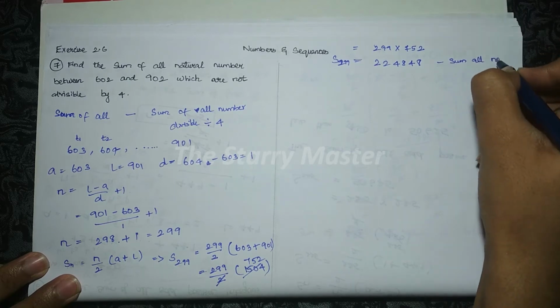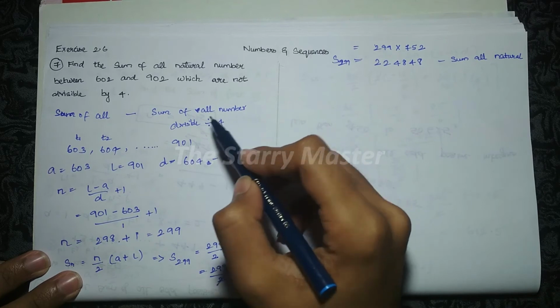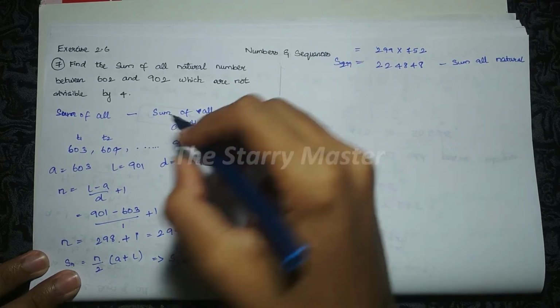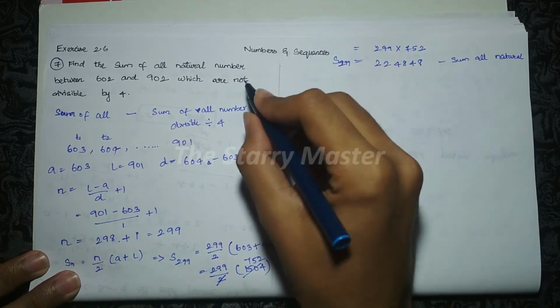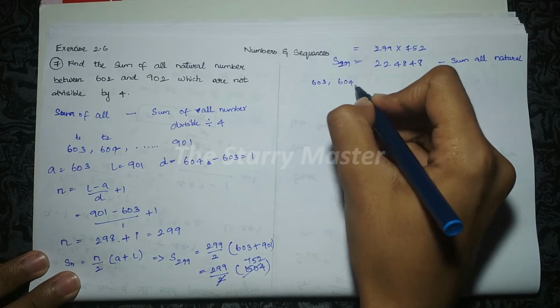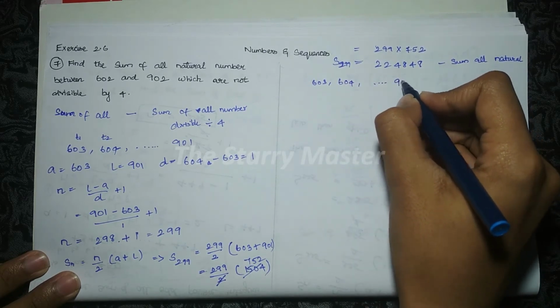Now we need to find the sum of all numbers which are divisible by 4. The numbers between are 603, 604, and it goes on until 901.